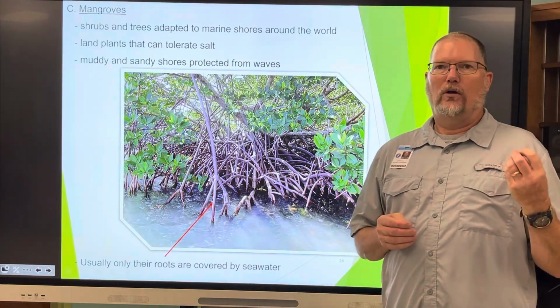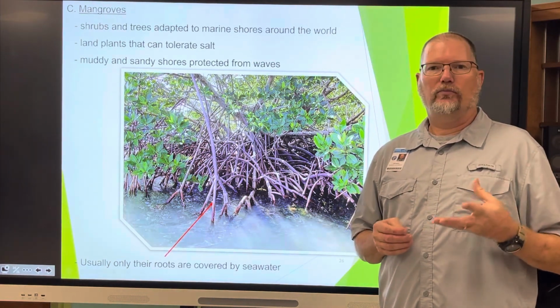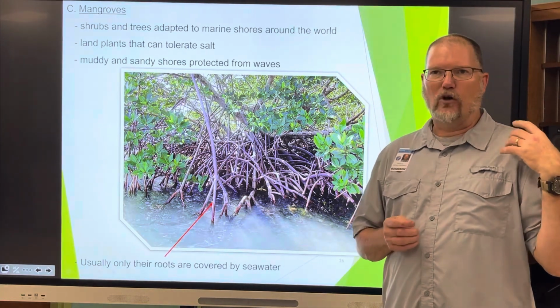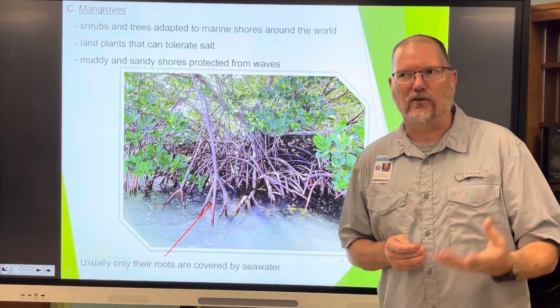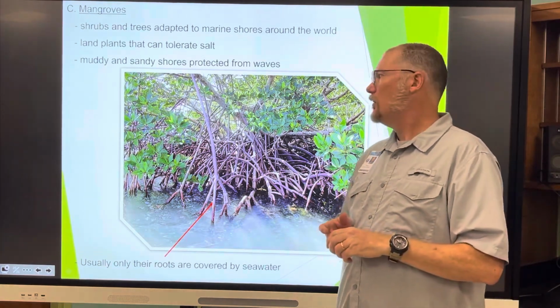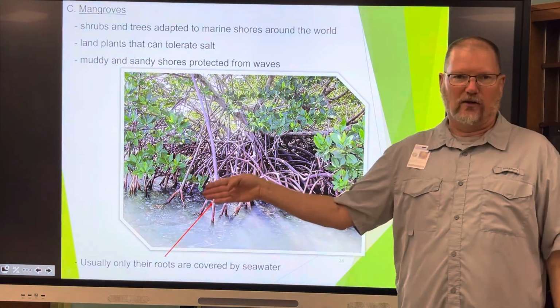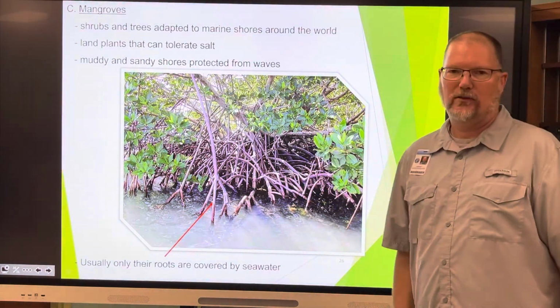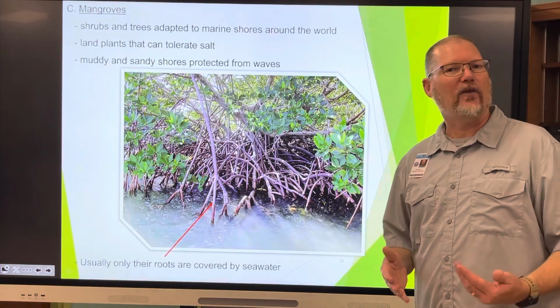I mean, just imagine the first people who came to Florida, the Native Americans who first came to Florida and said, let's walk through there. Why would you ever imagine a forest that was just that? It's almost impossible to navigate through. How did they do it?